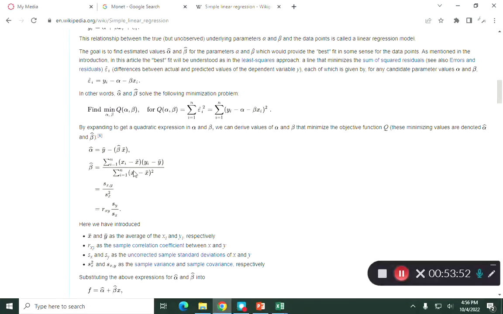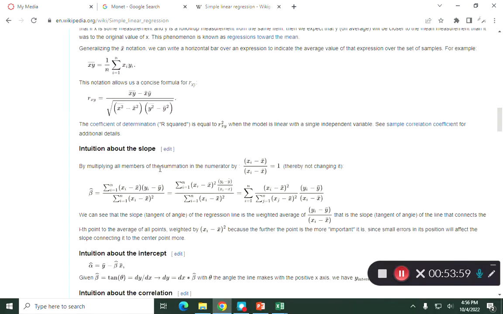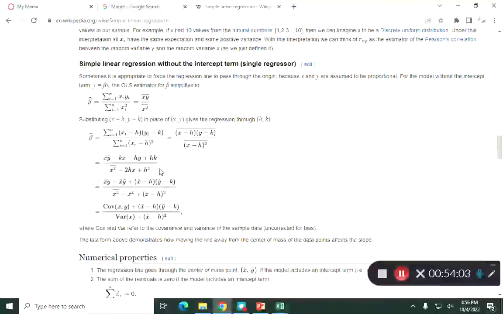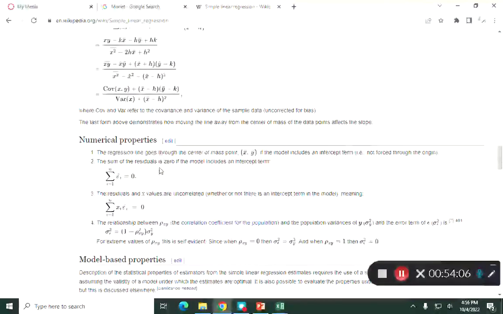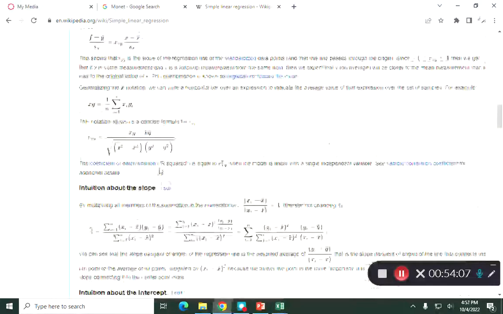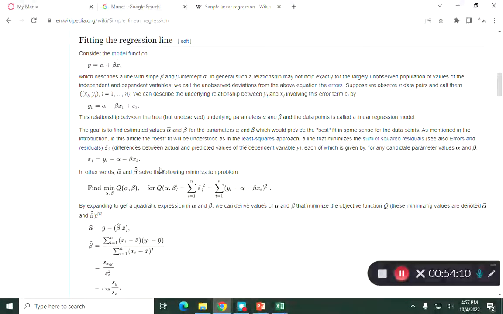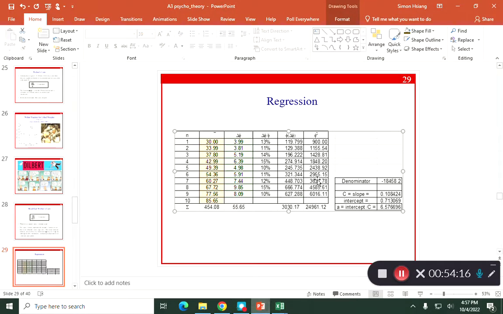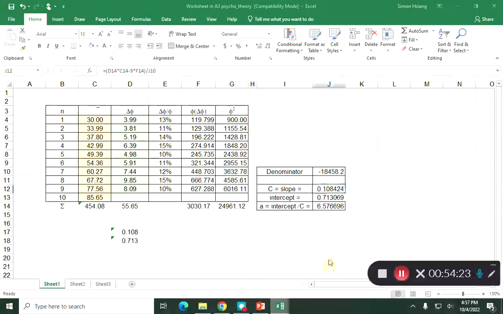In the denominator, I have x minus x bar squared. Let me cover this later, because I have cleaner lecture notes to let you visualize. The Wikipedia explanation is too much.